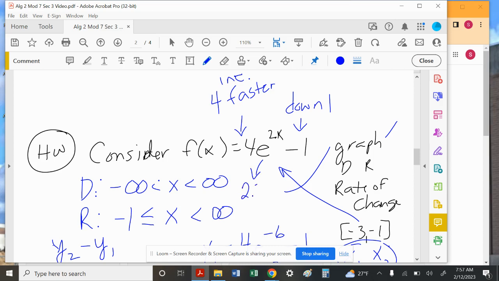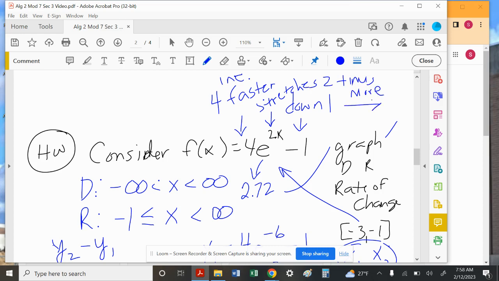Because that's really approximately 2.72 to some power, and remember that if it's greater than 1, it's a growth equation. And this 2 means that it stretches out 2 times more.